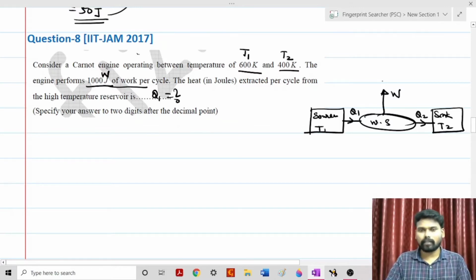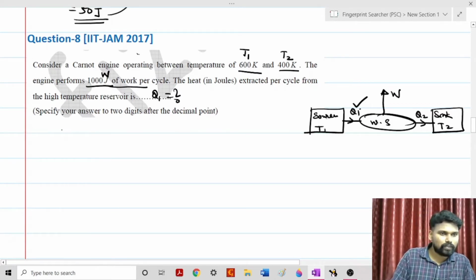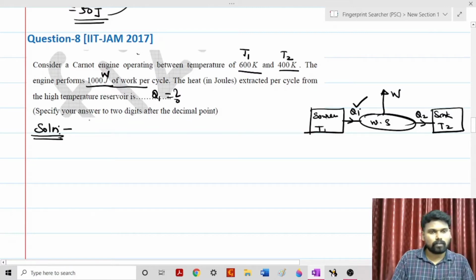So what is the working? The substance absorbs heat of amount Q1 from the source, a part of the heat is converted into useful work and the other part is given to the sink. The heat absorbed from the high temperature reservoir is Q1. What is the equation for the efficiency of a heat engine?